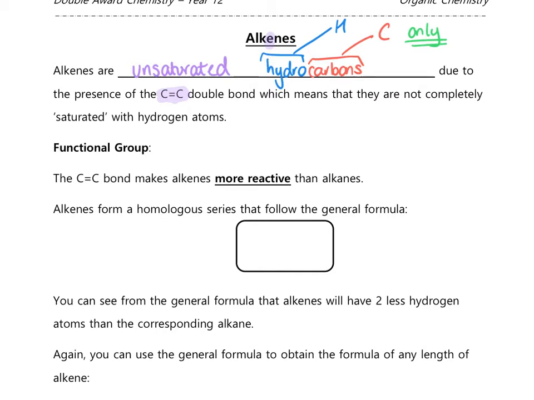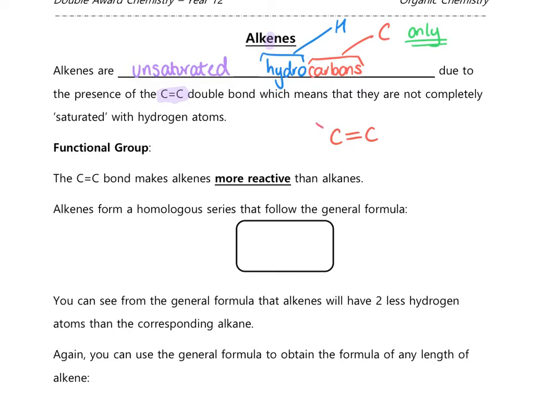So if we look, for example, at ethene, so eth means that there's going to be 2 carbons. And so if I draw that, if there's only 2 carbons, the double bond must be between these 2 carbons. If we think again about how many bonds carbon can have, can you remember? Carbon must have 4 bonds.